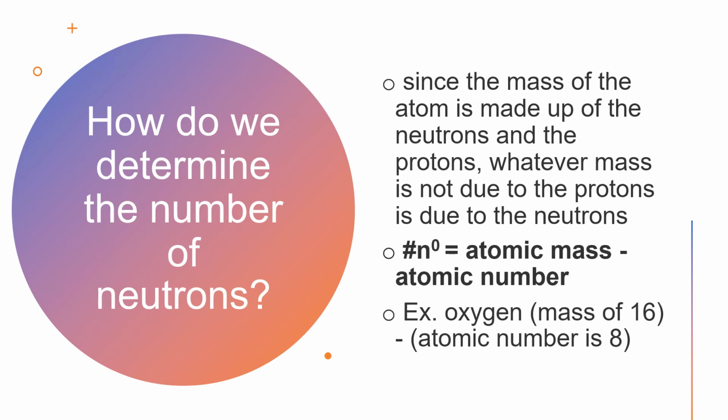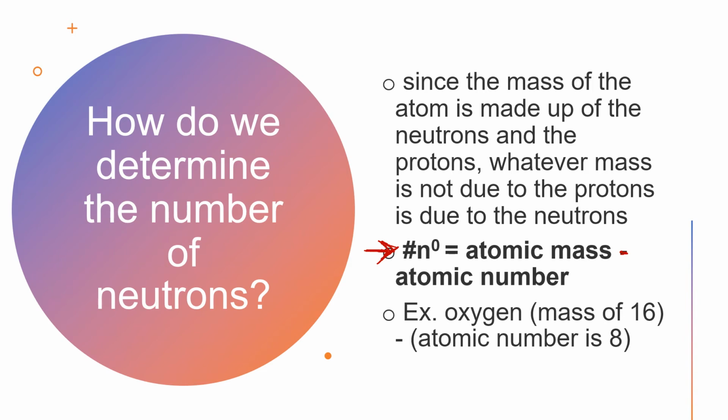Okay, how do we determine the number of neutrons? Since the mass of an atom is made up of neutrons and protons, whatever mass is not due to the protons, we can say that it's due to the neutrons, right? So again, when we think of our formula here, the number of neutrons equals the mass number minus the atomic number.